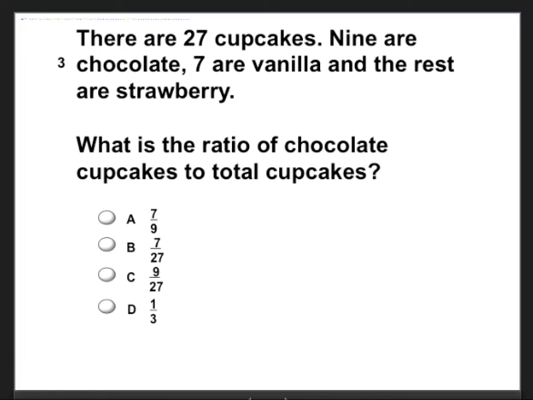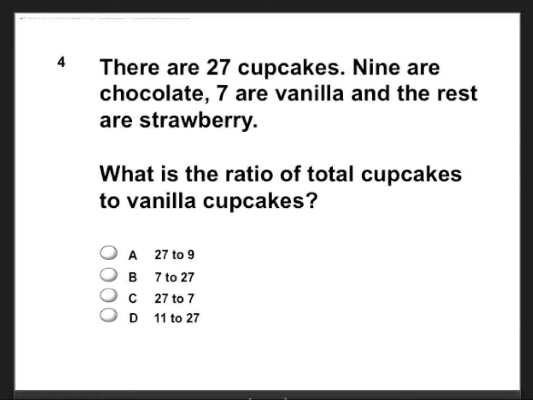So many students want to use the answer of C, but C is not correct. 9 and 27 can both be divided, and so this is not in simplest form. Your simplest form is D. So the ratio of chocolate to total cupcakes is 1 to 3. Okay, do not forget to simplify. Just like fractions, the directions aren't always going to say to simplify, but you always have to put your final answer in simplest form.